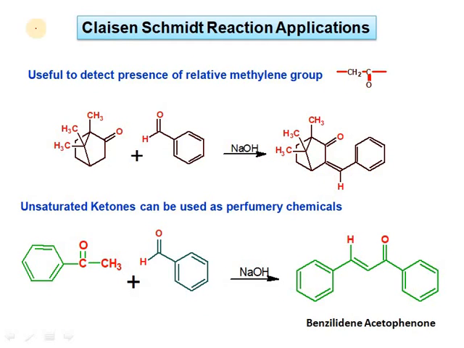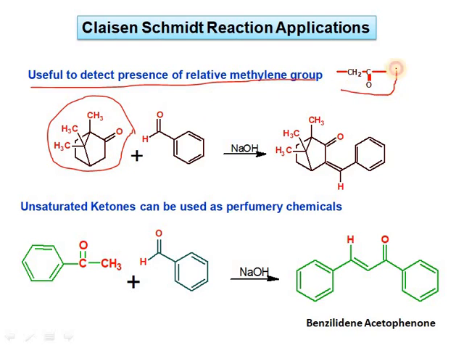The next point is the applications of the Claisen-Schmidt reaction. The first application is to detect the presence of reactive methylene compounds. For example, camphor is a naturally occurring perfumery compound. Whether such a group is present or not can be detected by the Claisen-Schmidt reaction.